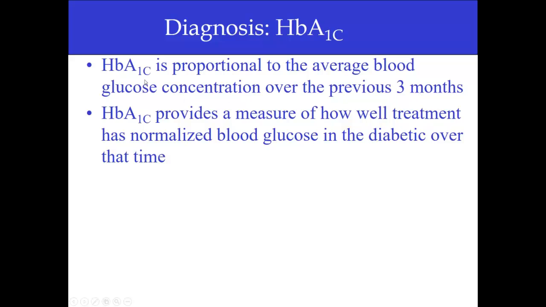So it will not tell you how much the blood glucose is now, but it will give you an idea about how much the blood glucose was on average in the last 3 months. This is very important for people on treatment because it will give the doctor an idea whether the treatment is working or not.